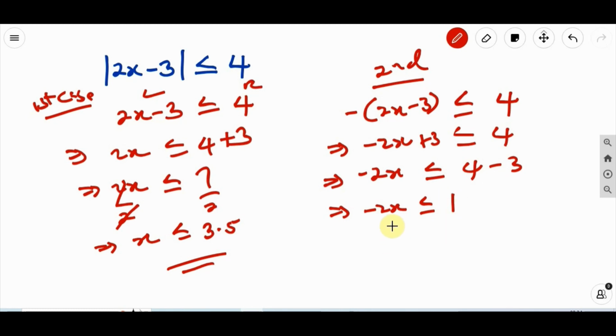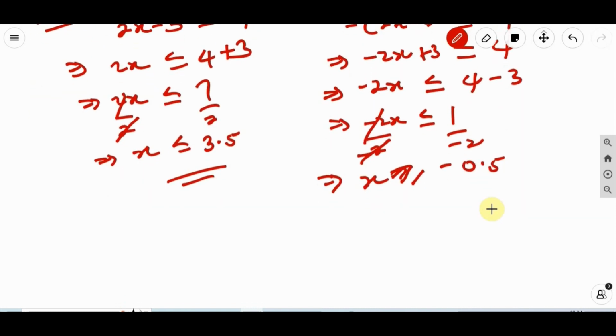So I'm going to divide across by minus 2. Remember, whenever you're dividing across an inequality with a negative number, the inequality sign is going to change. So this will cancel out this, and this sign will change to greater than or equal to minus 1 over 2, which is minus 0.5.